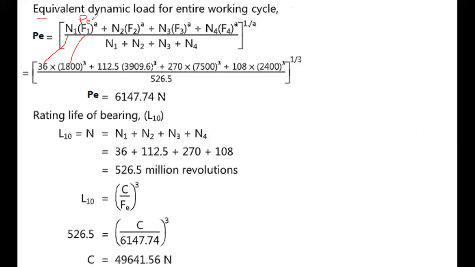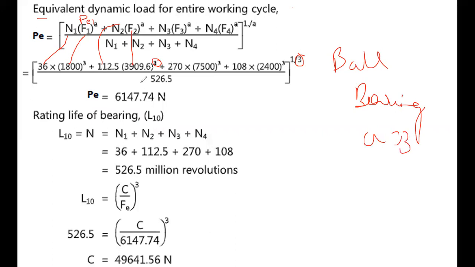Since I'm taking the formula from the design data book, that's why I've written it. Raised to A, N2, P2 raised to A. A is 3 because it is ball bearing. Once you substitute this, you will get equivalent dynamic load as 6147.74 Newton.